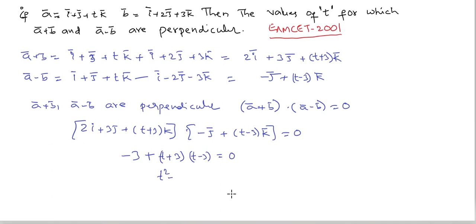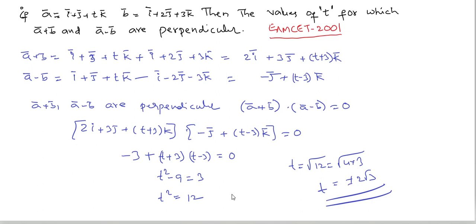T square minus 1 is equal to 3, t square is equal to 4, t is equal to plus or minus 2. Value of t is plus or minus 2.